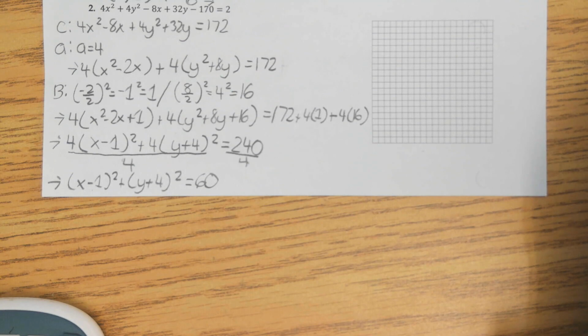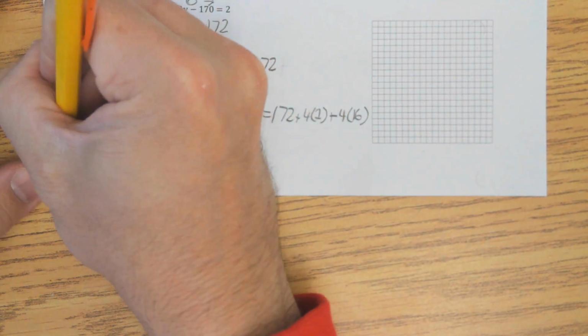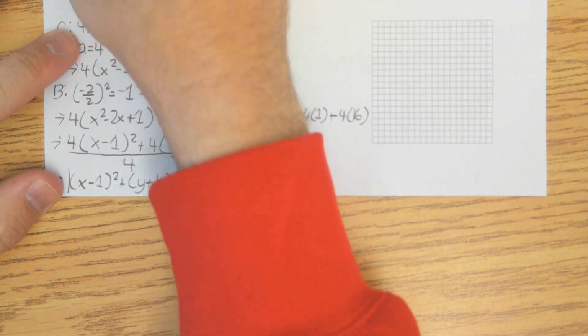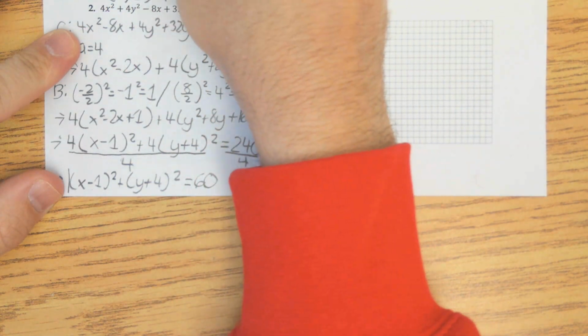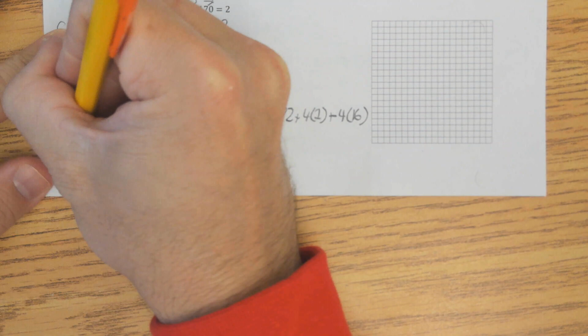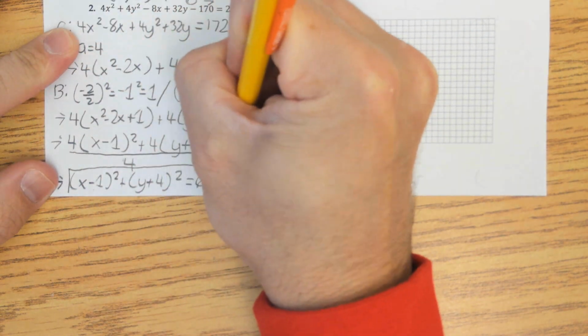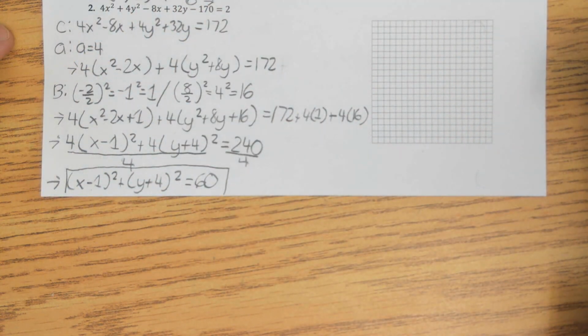And there you go. So there's my equation now in standard form. I want to make sure I square all of these, sorry. Okay, there's my standard form right there.